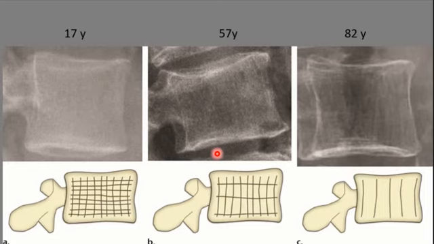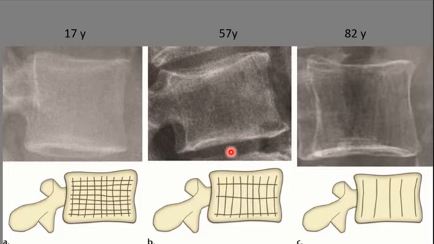This is an example of osteoporosis, how it differs in a 17-year-old, a 57-year-old and an 82-year-old. Here we don't see trabeculae, but you see normal bone. But here, if you compare this one, the trabeculae appear with loss of most of the horizontal fibers.